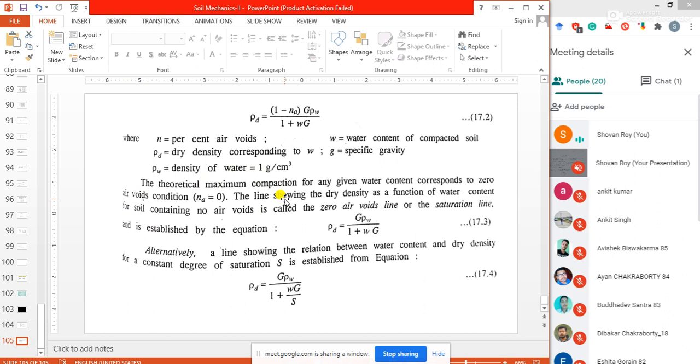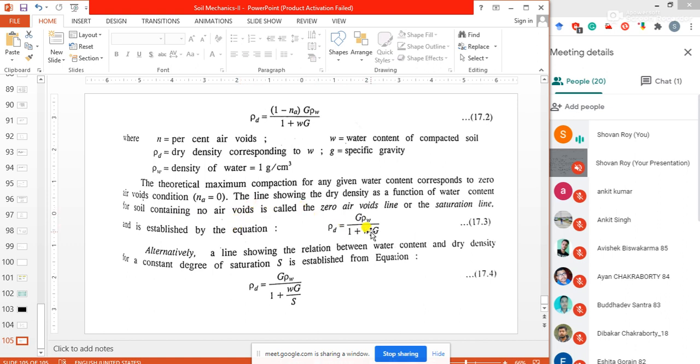So when your soil is maximum compacted at some water content, corresponding to the zero air void condition, your Na should be 0; the percentage of air voids should be 0.